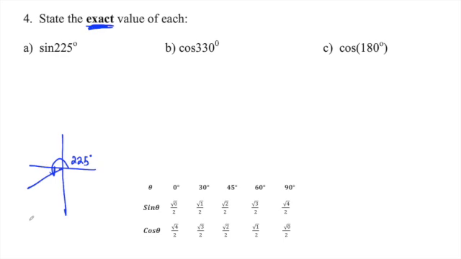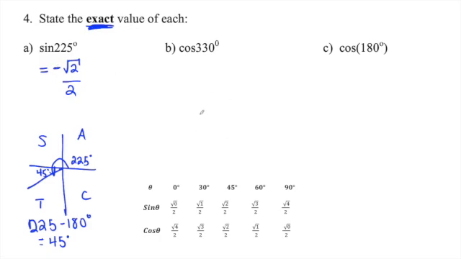And then you're going to do 225 minus that 180 degrees there, and you get a related acute of 45. So we're going to find the sine of 45 degrees. Sine of 45 is that root 2 all over 2. What quadrant is it in though? C-A-S-T. It is in our tan quadrant, so you know that the answer must be negative.